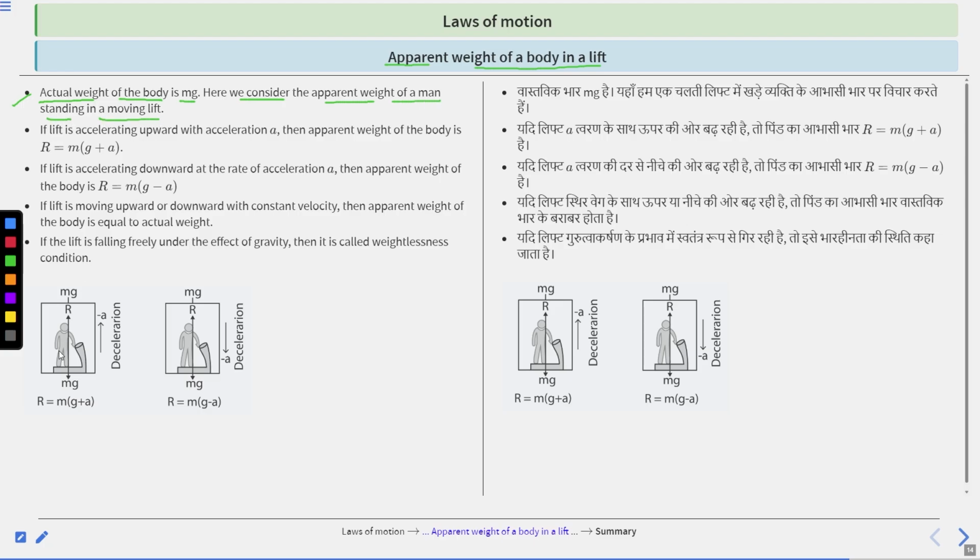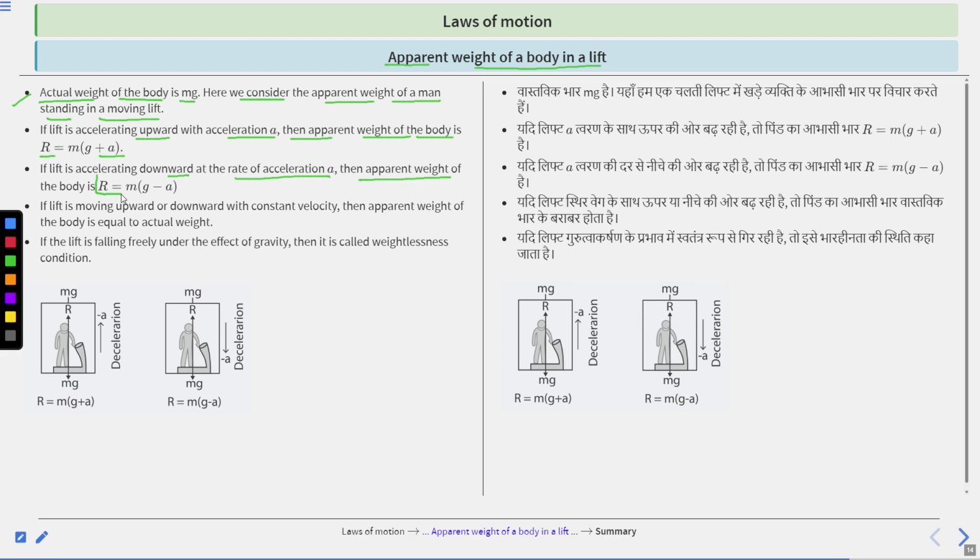If the lift is accelerating upward with acceleration a, then the apparent weight of the body is R equal to m(g plus a). And if the lift is accelerating downward at the rate of acceleration a, then the apparent weight of the body is R equal to m(g minus a).